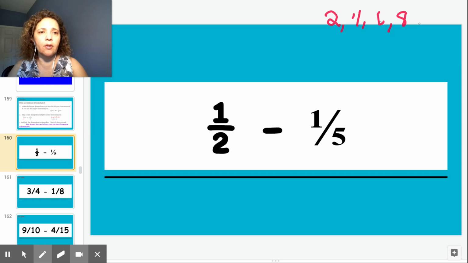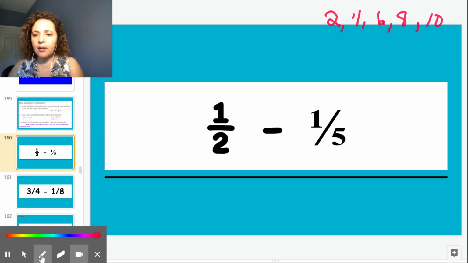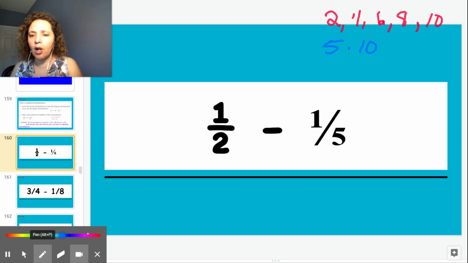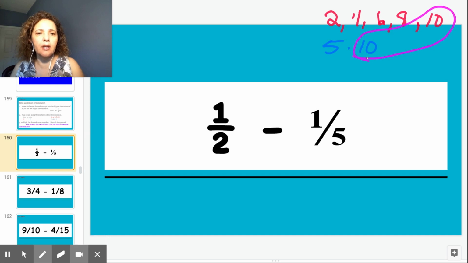Then I'm going to use my multiples of 5: 5, 10. Oh, I can already see that I have a common multiple. My multiple is 10. So my lowest common denominator is 10.